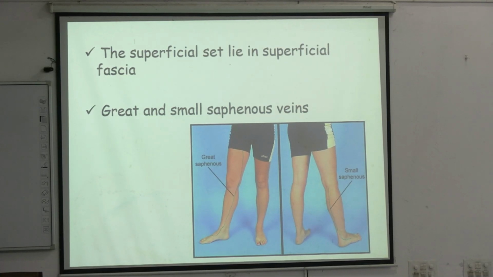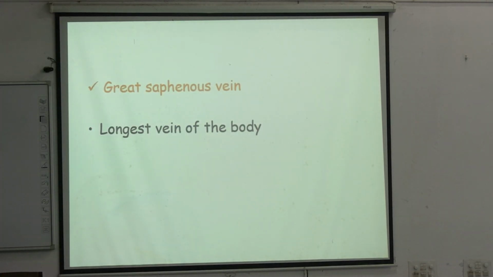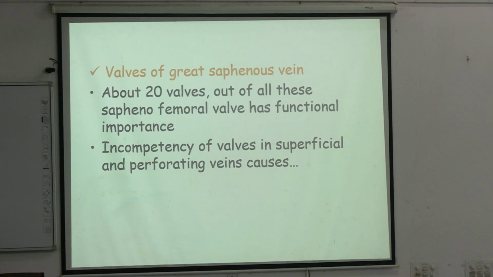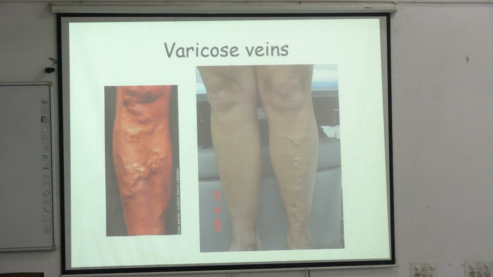The great saphenous vein is the longest vein of the body. Of the valves of the great saphenous vein, about 20 valves, the saphenofemoral valve has functional importance. Incompetency of valves in superficial and perforating veins causes varicosity. This is the varicose veins.